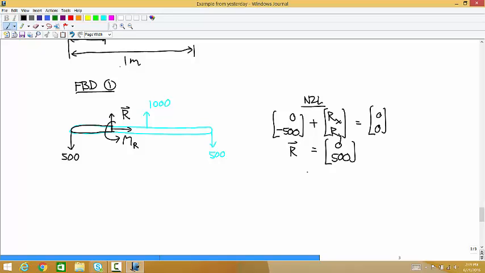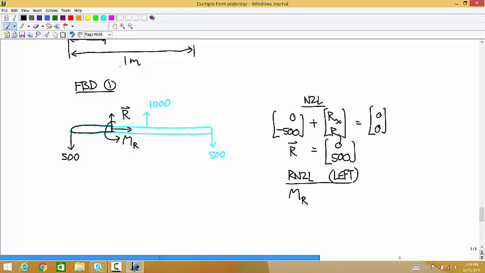And then the moment equation, I'll do that about a point I'll put at the left end. So there's no moment produced by the 500.